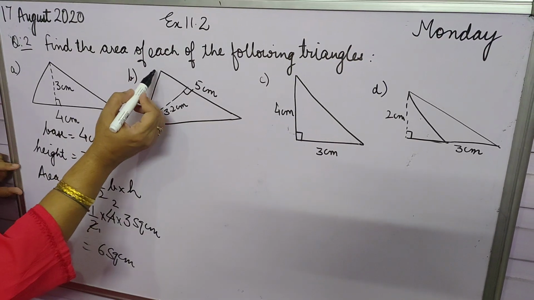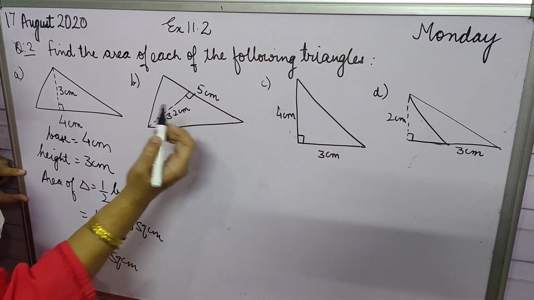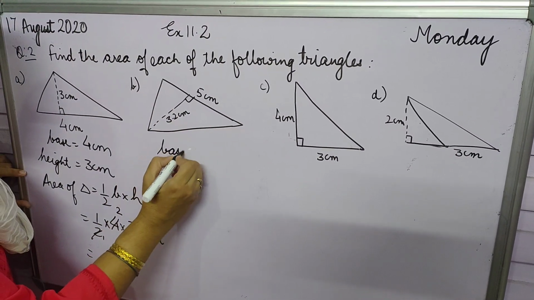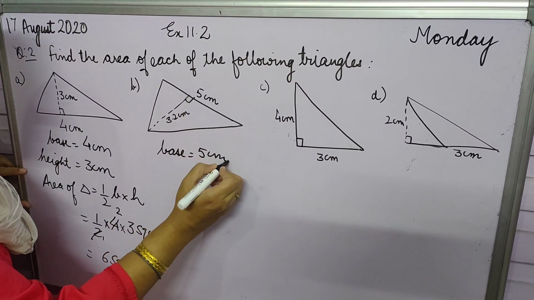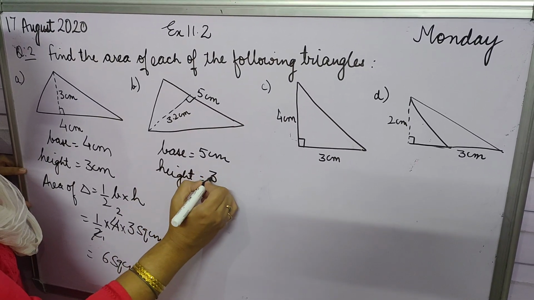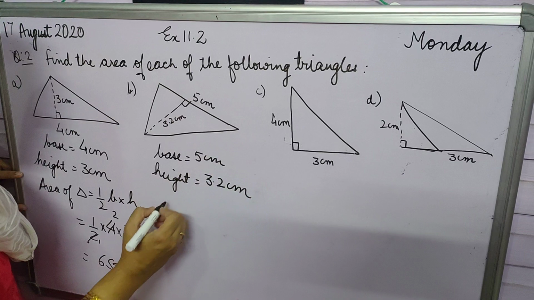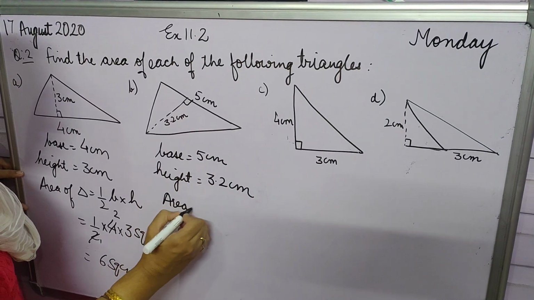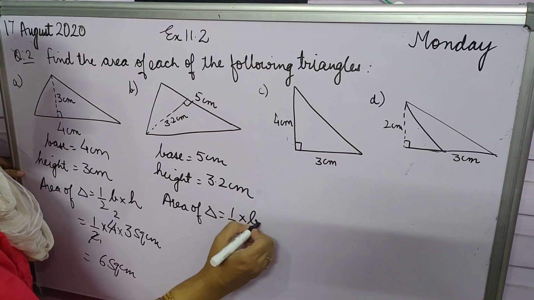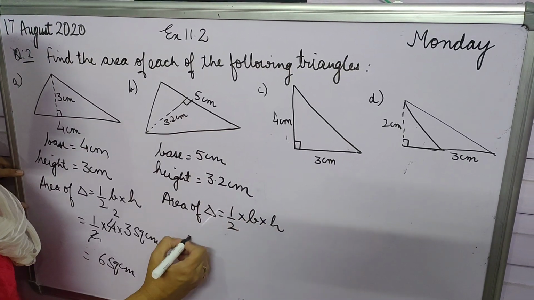Now in B part, we are taking this as base. So this will be taken as height. So how much is the base? Base is 5 centimeter. How much is the height? Height is 3.2 centimeter. So area of triangle is calculated by using the formula half into base into height.